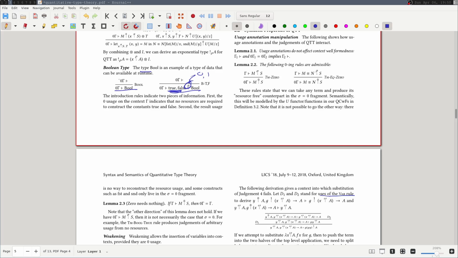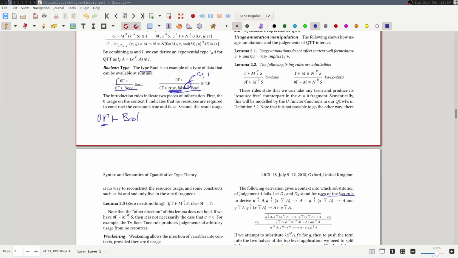It's not clear to me why this is necessary. It's not clear to me why you can't just conclude from the empty context. I guess it has to be a variable, right? You have to be able to conclude it from any context. You can conclude bool. But why not, why the 0? Because gamma is just a variable, right?